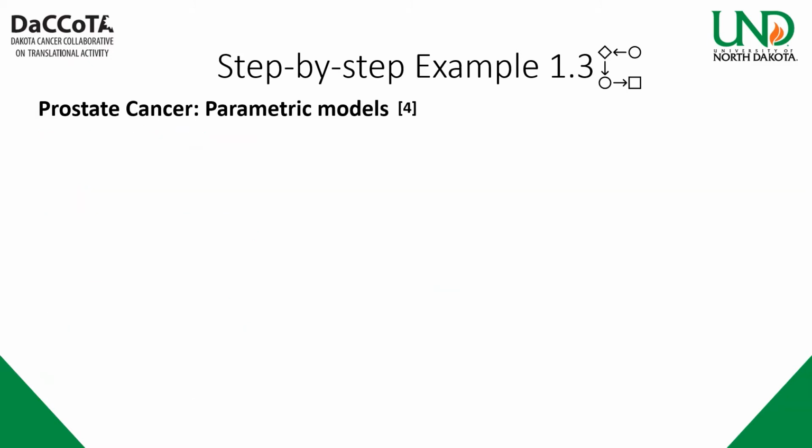Alrighty, let's step up our game and try our hand at some parametric models. We'll use the same prostate cancer dataset. I'm using pretty much code for code from reference number 4 here.